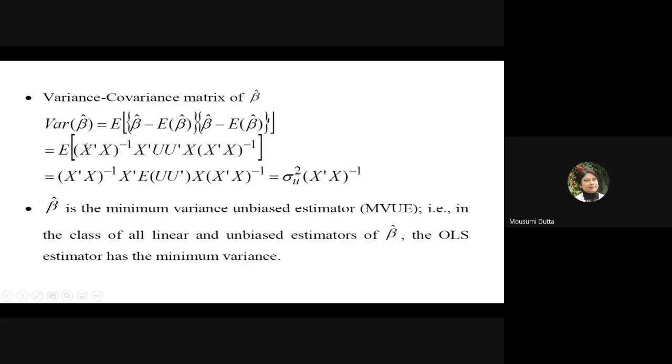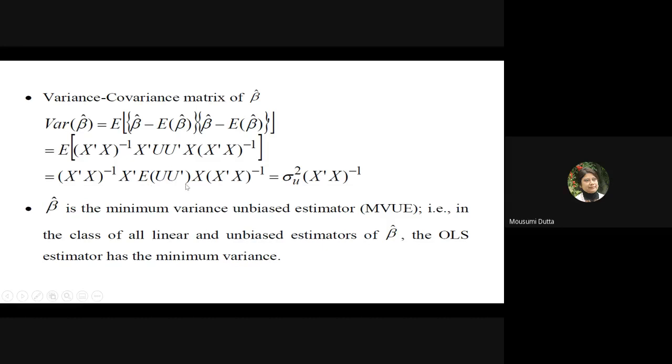If you take transpose of x prime x, it will be x prime x. So we are getting this. We will implement expectation on the relevant term. So it will be x prime x inverse, x prime, expectation of u prime, x prime x inverse.